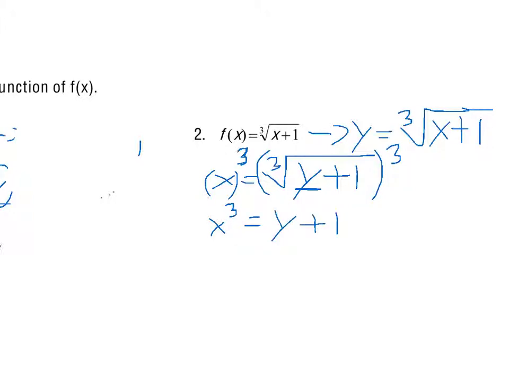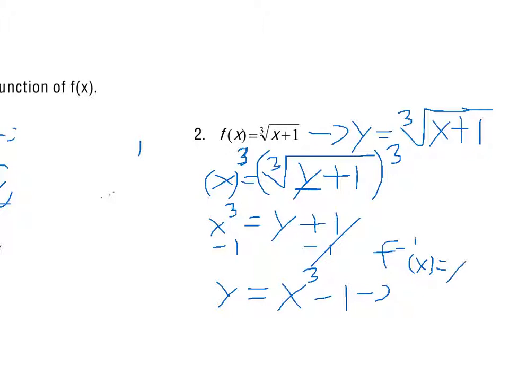Then you only have one step. You just subtract 1. And then we're going to have y equals x cubed minus 1. And then if I want to put this in function form, I can say this is the inverse of x, which is x cubed minus 1.